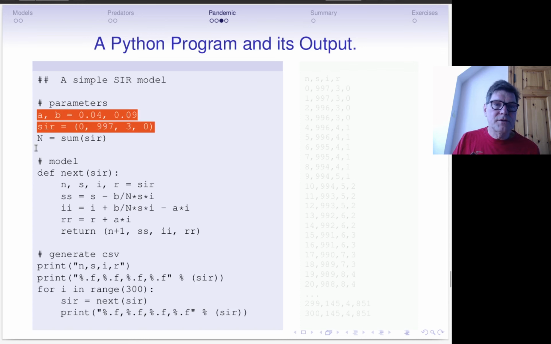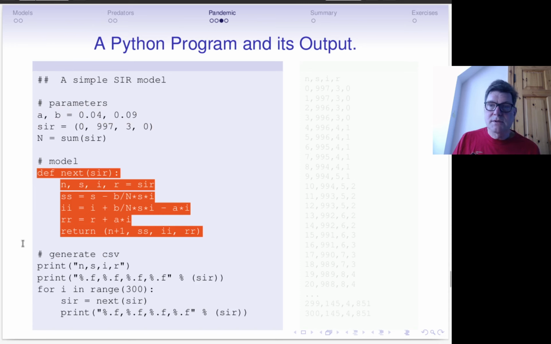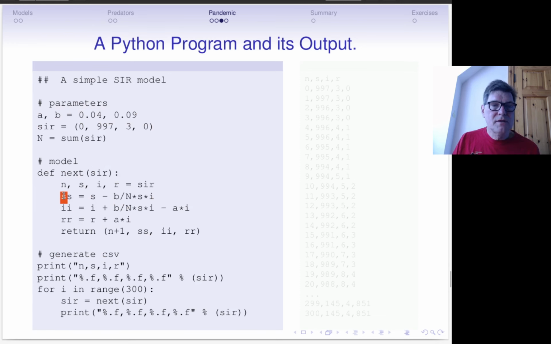You set the parameters up here, then you define the model. That's just the 3 formulas which compute the new values S, I, and R from old values S, I and R, according to the formulas as we just saw them.